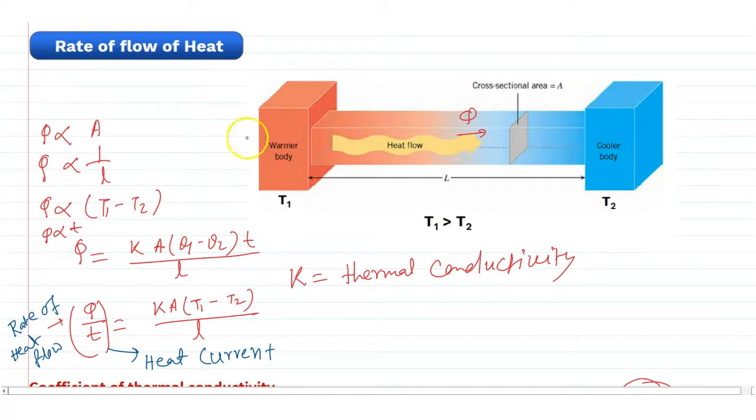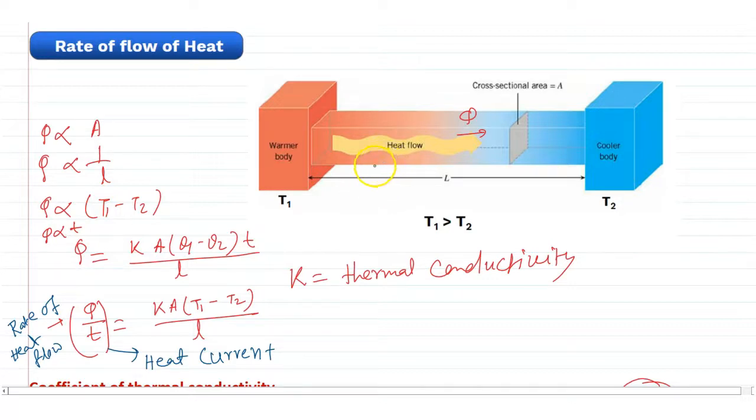Suppose you have to calculate it, then Q should be proportional to the cross sectional area. If you increase the cross sectional area, the amount of heat flow will increase. Compare this with water flow through a pipe: if we increase the cross section area of the pipe, the water flow rate will increase. And Q is proportional to 1 by L. If you increase the length, the rate of flow will decrease because there is a resistance.